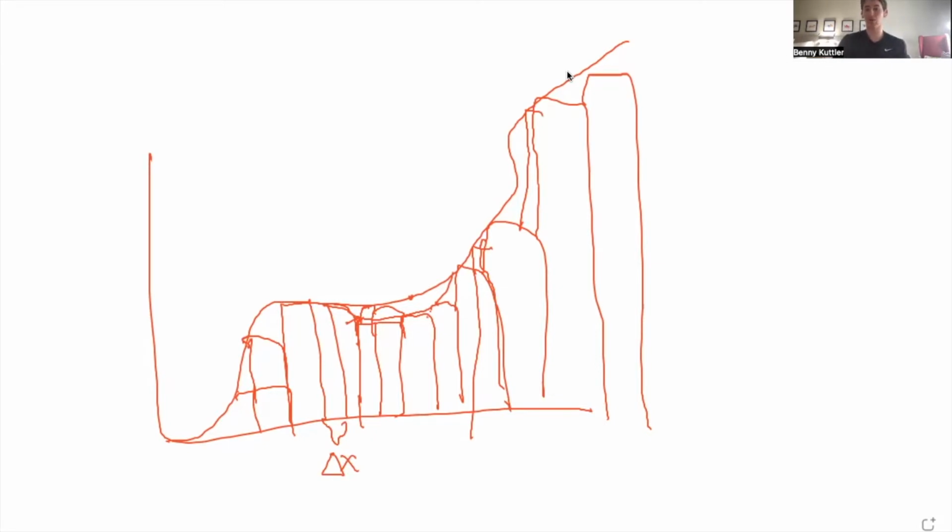Now you're probably thinking, how do we add infinitely many rectangles? It was tedious with only 4. So a way that we can do this is, first we can write out what we know. We know that the Riemann sum is the sum, that's the summation sign, from i equals 0 to n. n is just how many rectangles there are.